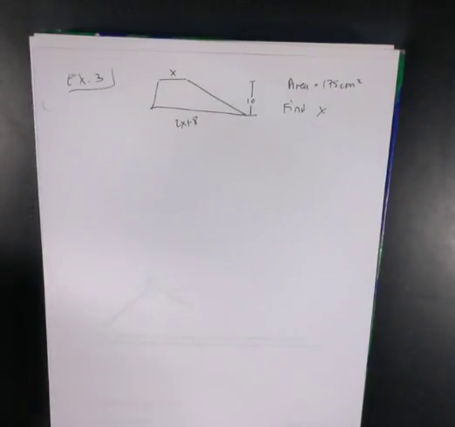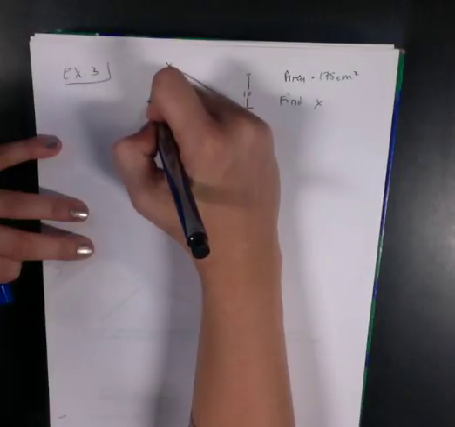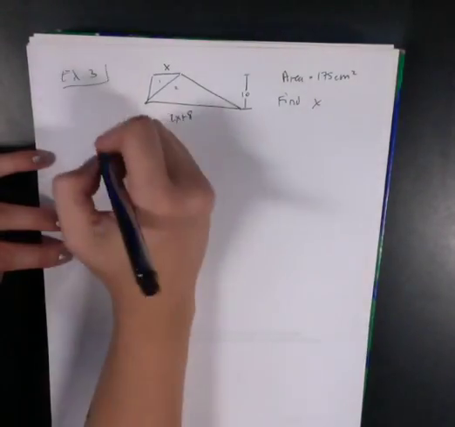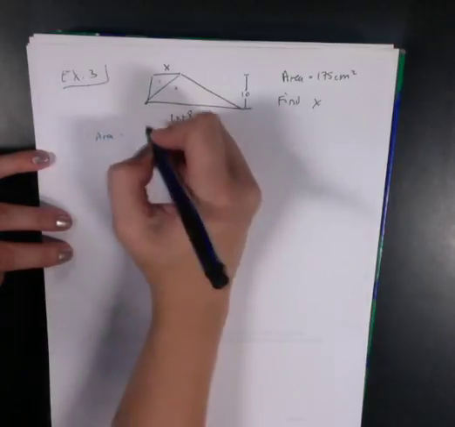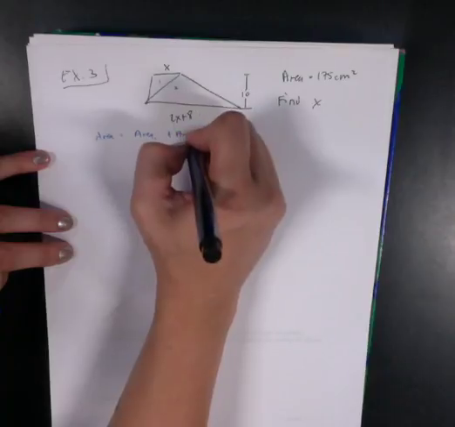Now, I can actually do two things here. This is actually kind of sneaky. I can divide it into two triangles, triangle 1 and triangle 2. And the area of the trapezoid is the area of 1 plus the area of 2.